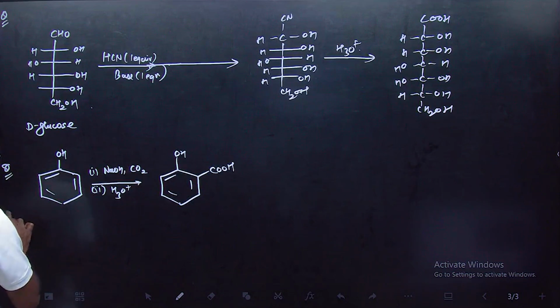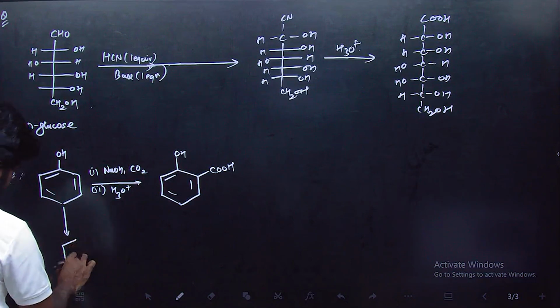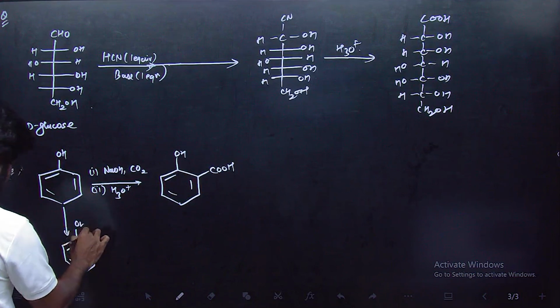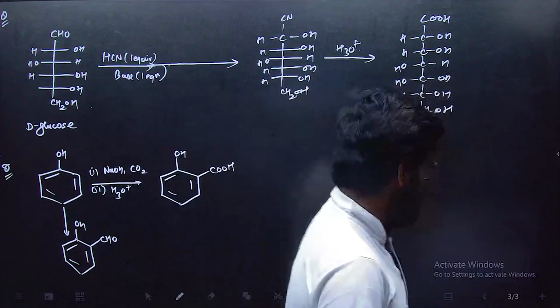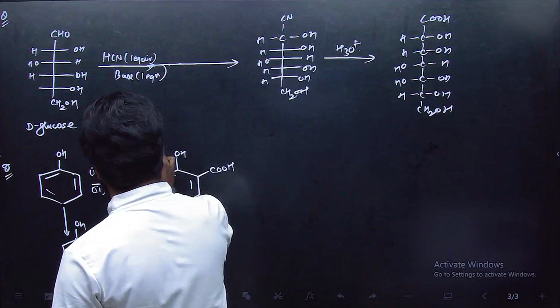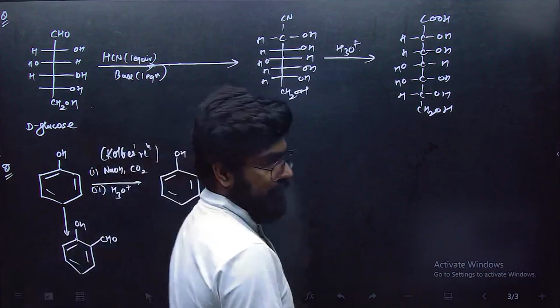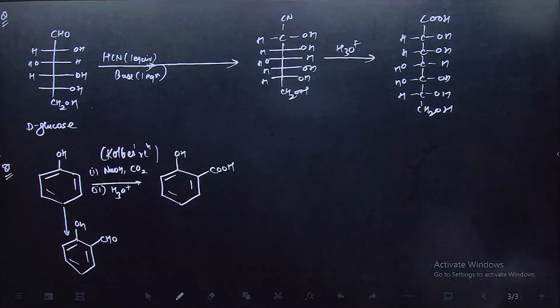And suppose from the same compound I want this, then what am I supposed to do? Yeah, this reaction is known as Kolbe's reaction. The other one, you can use NaOH, KOH, doesn't matter.